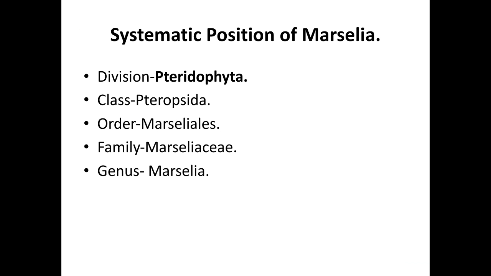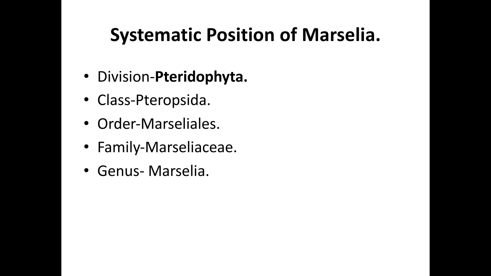Then Marsilea, remember, is put into class Pteropsida. The plant body is differentiated into rhizome, petiole and leaves. Leaves are always megaphyllous type. It is large in size. Leaf is differentiated into petiole and dissected blade. The sporangia are borne on the abaxial surface of leaves.